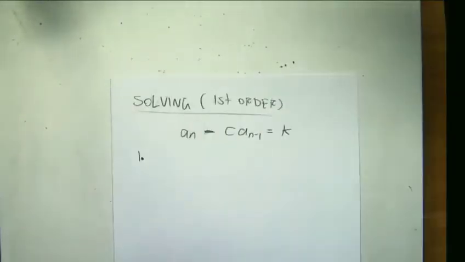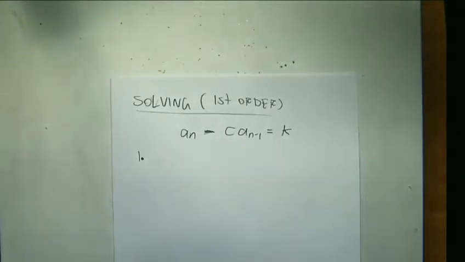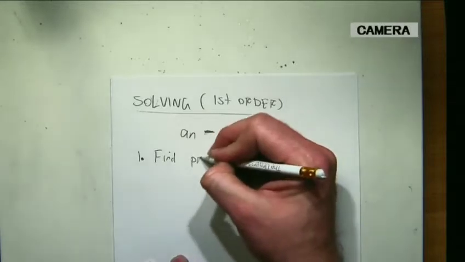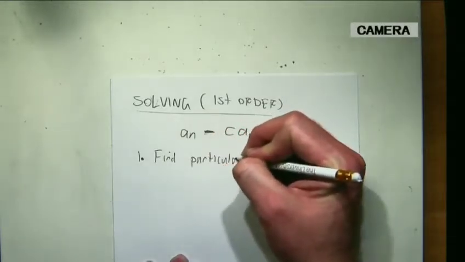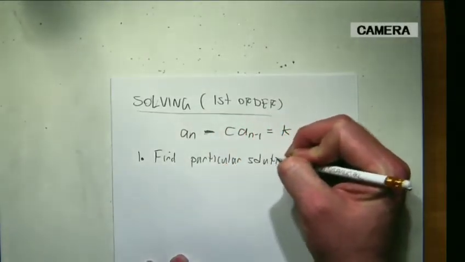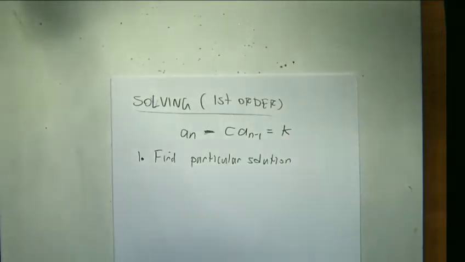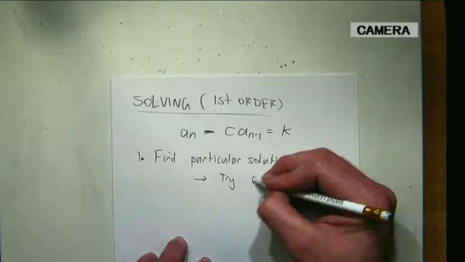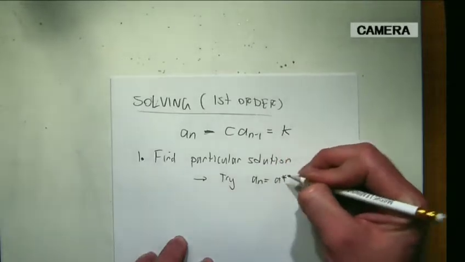So I'm just going to see if I can make sure I match my terminology here. So first I'll find any one particular solution, and I will try a_n equals a star.